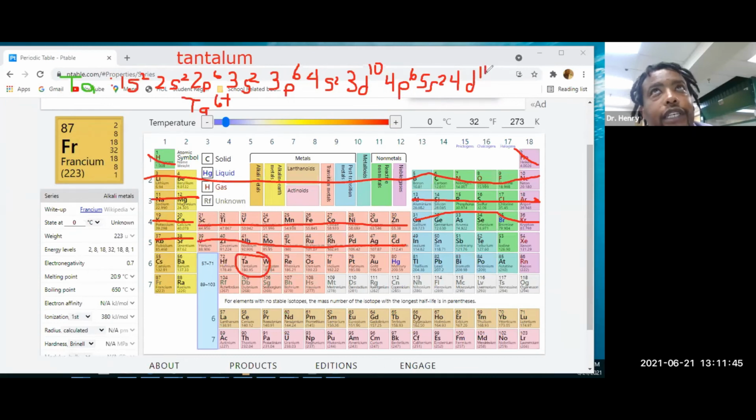Okay, what's after 4d10? So then that, 5p6.